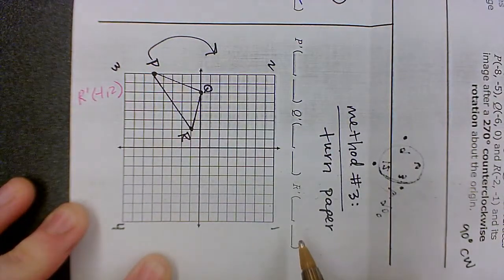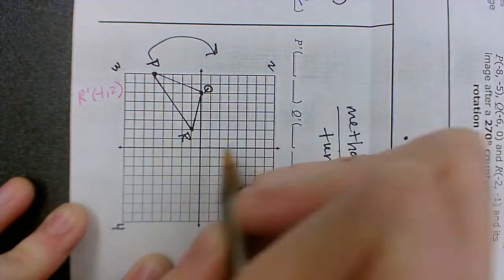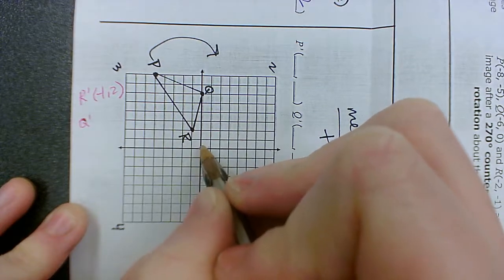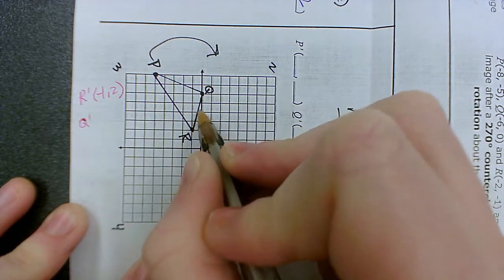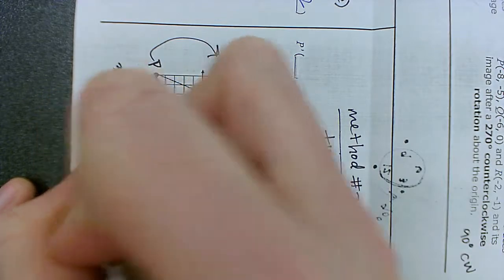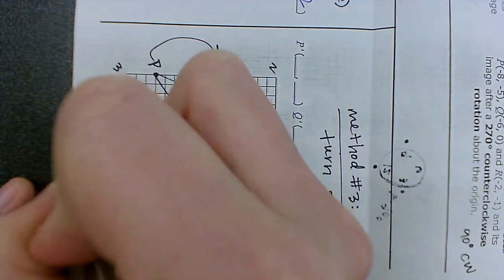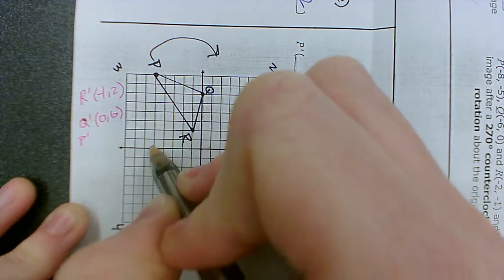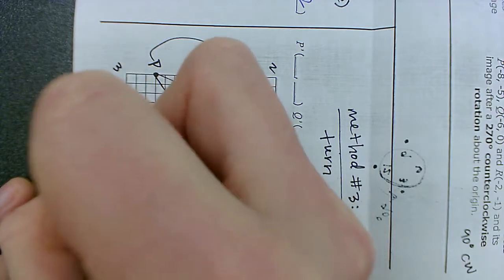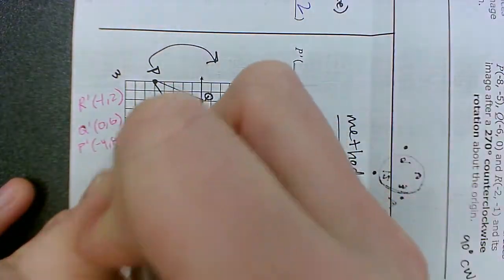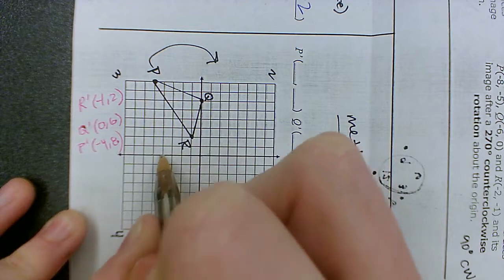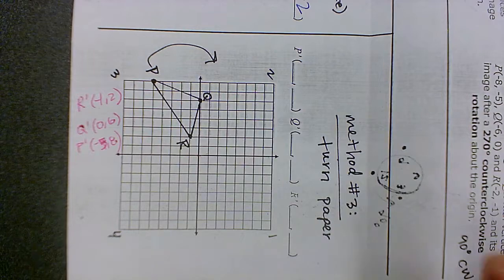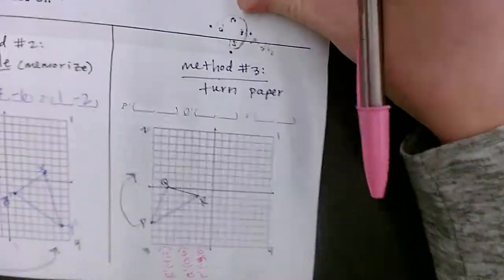I'm not going to worry about keeping on flipping back and forth right now. Let's see, q prime is 0, +6. And p prime is -5, +8. Okay, and then I'm going to turn my paper back around.